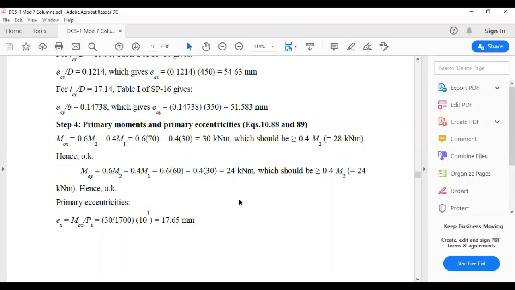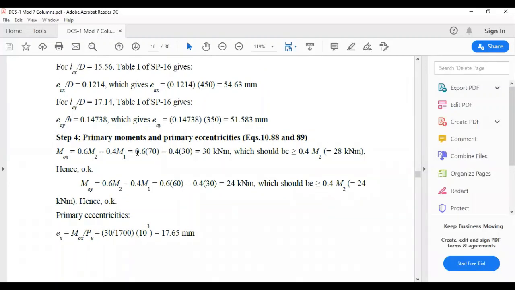Now next step is to find primary moments and primary eccentricities. This we have discussed above in the previous sessions. So MOX is equal to 0.6 M2 minus 0.4 M1.